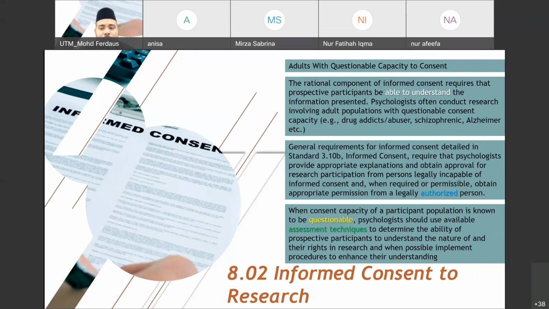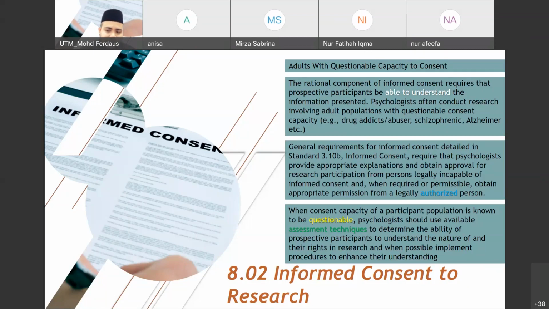They are adults, but they don't have that capacity. So you need to ask permission from their parents or guardians, their spouse or maybe their children, for example, in the case of Alzheimer's. You still need to ask for informed consent.